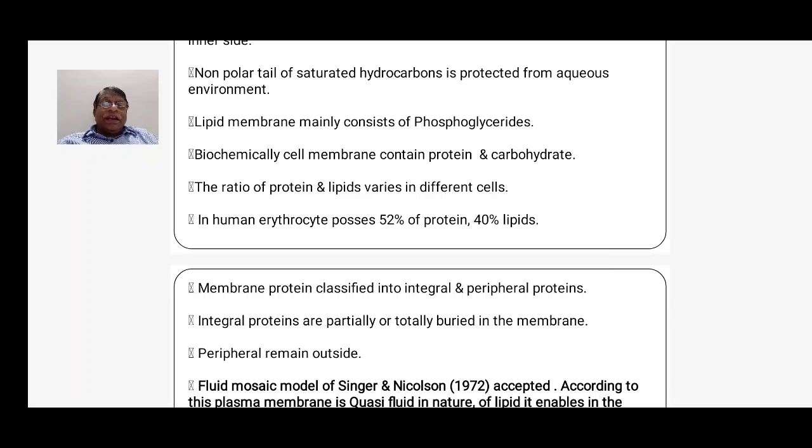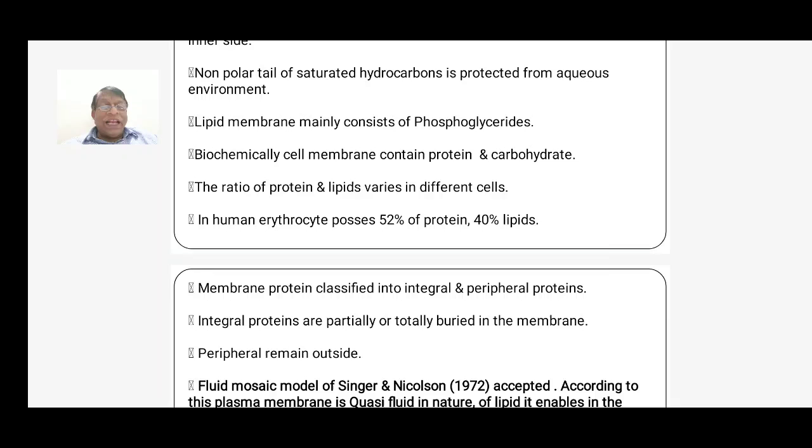The integral proteins are partially or totally buried in the membrane. See the diagram once again. If we examine the proteins, some of the proteins are completely buried in the membrane.